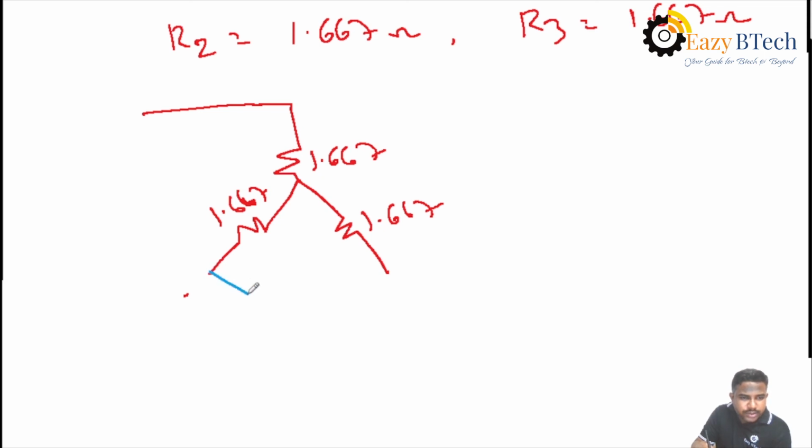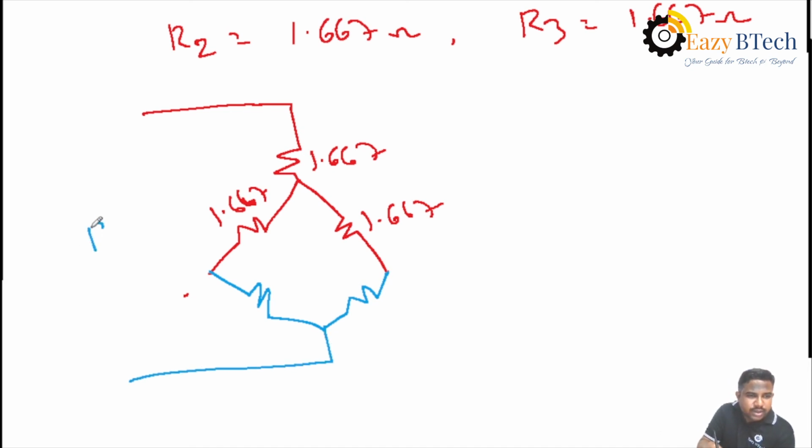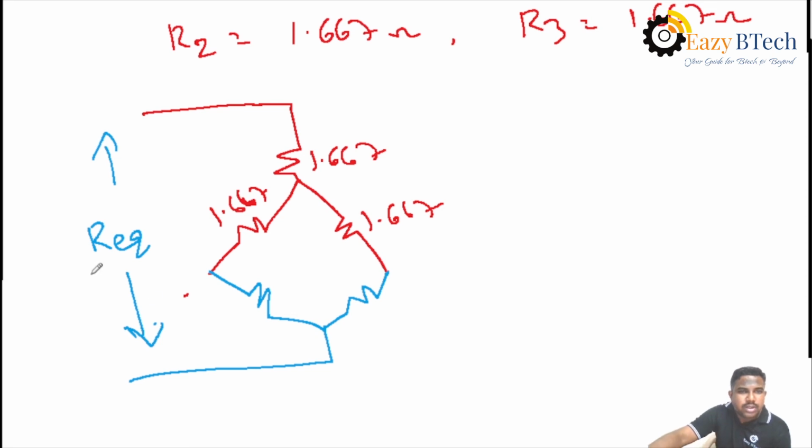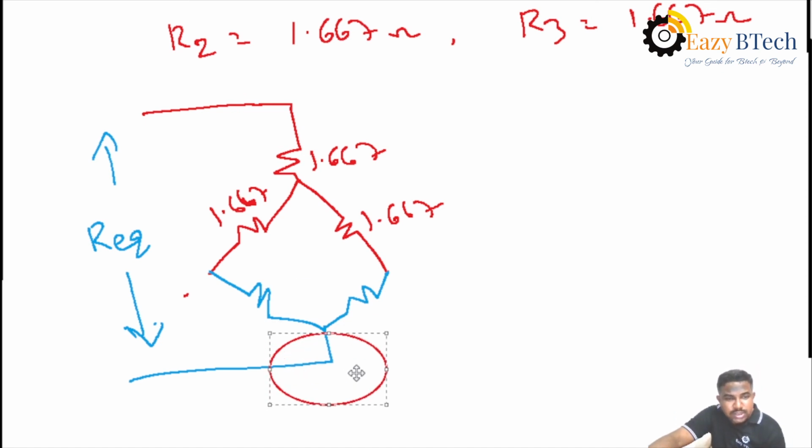Don't disturb the remaining circuit here, and also don't disturb the node points between which you have to find the equivalent resistance. Here we have to find the equivalent resistance between this node point and this node point. That's why in our calculation the node points must be present. Don't delete those node points.